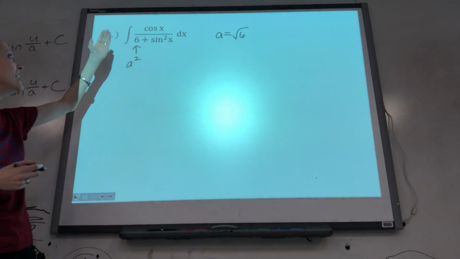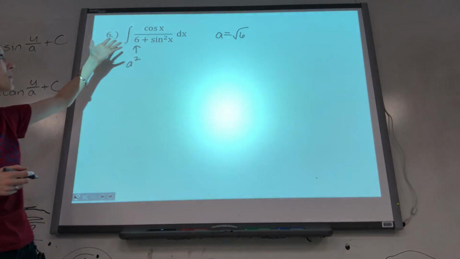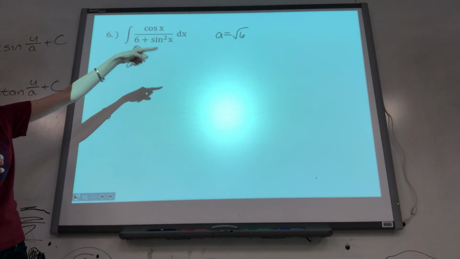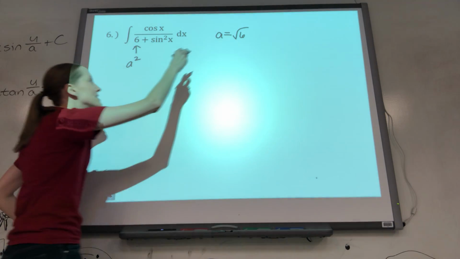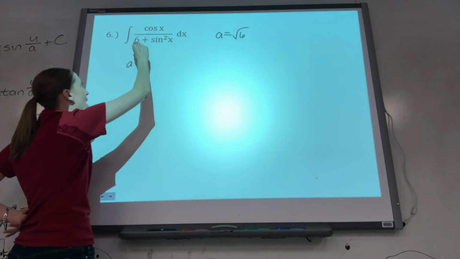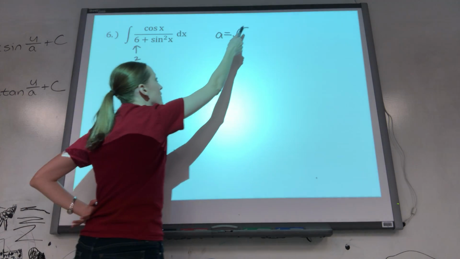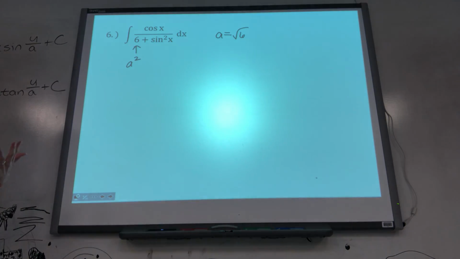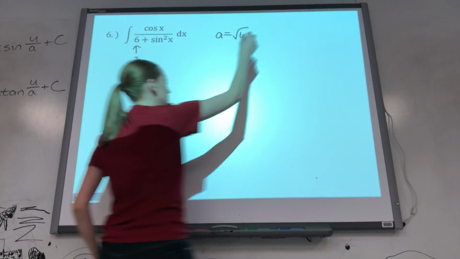It's kind of like taking the square root of both of those terms. If you aren't sure that you did that right, take this number, square it, and see if you get back to that. You would. If you square a square root, they would cancel and you just get 6.